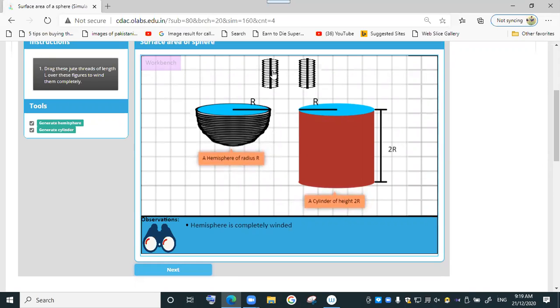Second, we take again and wind on this. It will not cover the full surface, only half, and both have the same length. So this will be L length, and this will be 2L length.